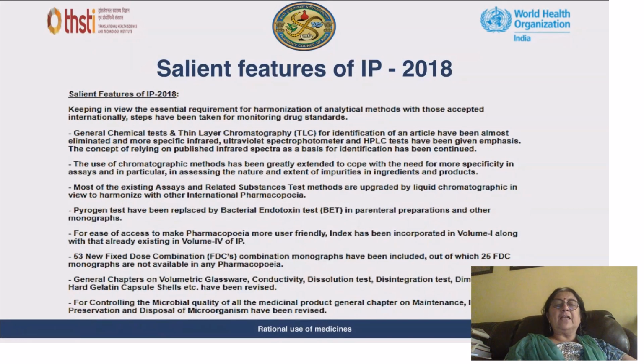The concept of relying on published infrared spectra as a basis for identification has been continued, and the use of chromatographic methods has been greatly extended to cope with the need for more specific assays, and in particular in assessing the nature and extent of the impurities in ingredients and products.